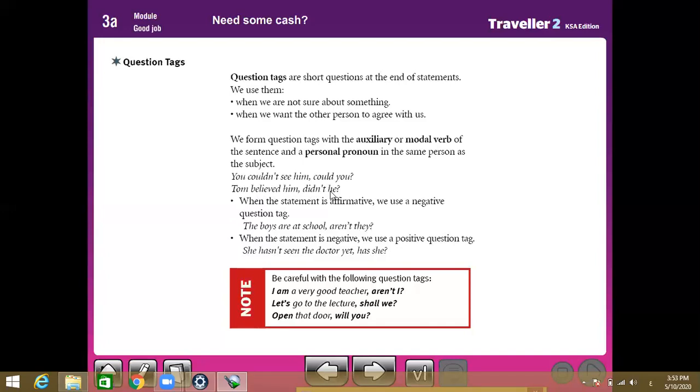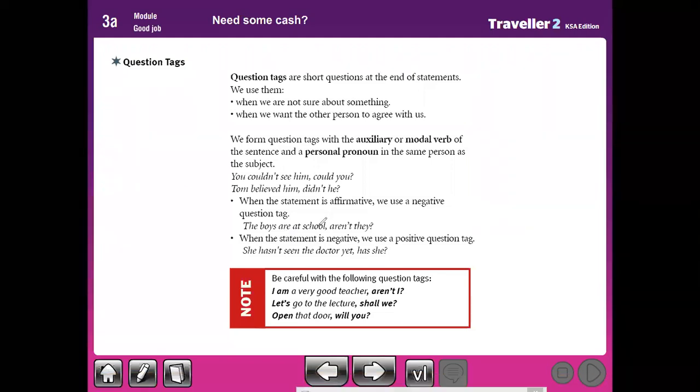You should pay attention to this statement. When the statement is affirmative, we use a negative question tag. And when the statement is negative, we use a positive question tag. Like this: the boys are at school. Here, please pay attention, there is an auxiliary verb, are.